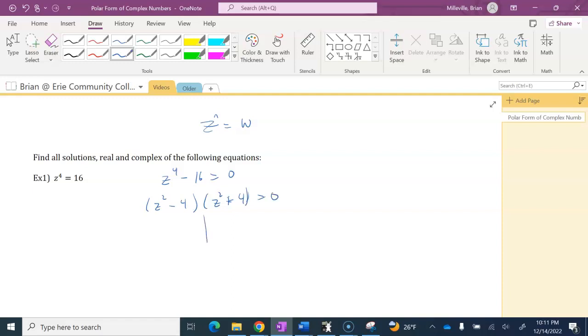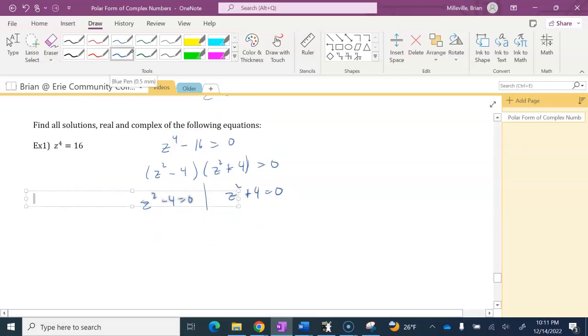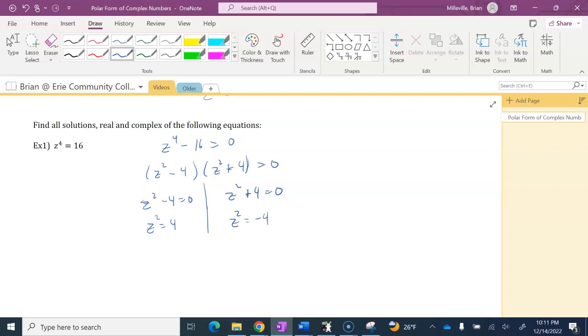Then we could set each factor equal to 0 to get z squared minus 4 equals 0 and z squared plus 4 equals 0, and solve these resulting equations, so we would get z squared equals 4 and z squared equals negative 4 respectively.